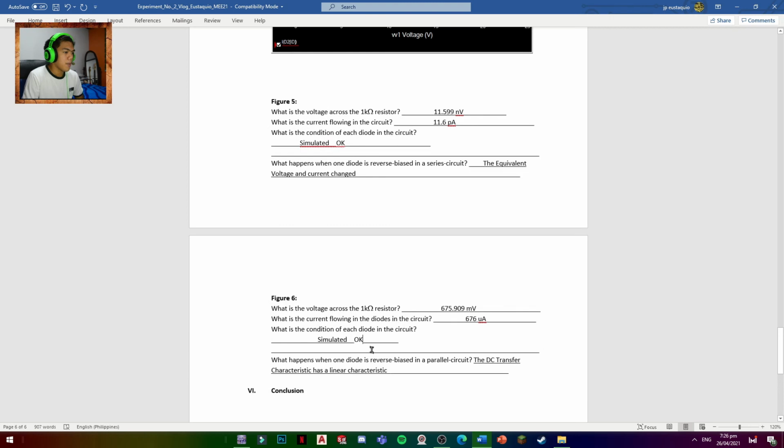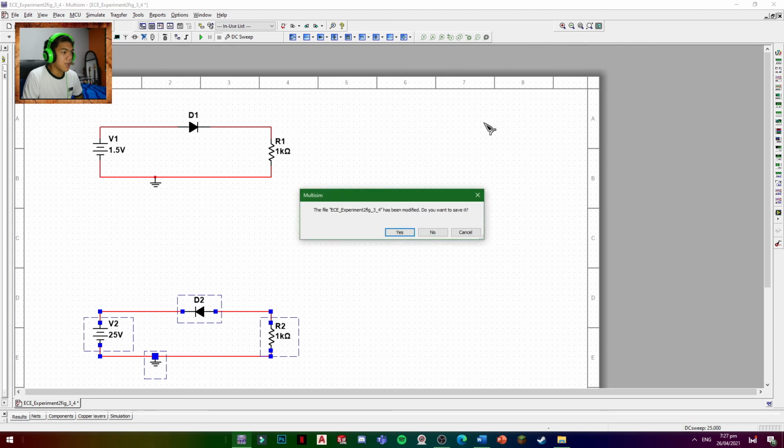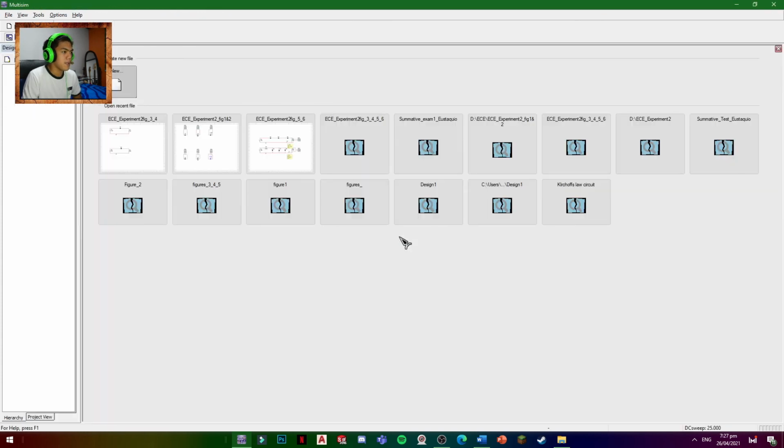So what happens when one diode is reverse biased in a parallel circuit? The DC transfer characteristics has a linear characteristic. And I'm going to show you the multi-simulated circuit figures of figures 5 and 6.